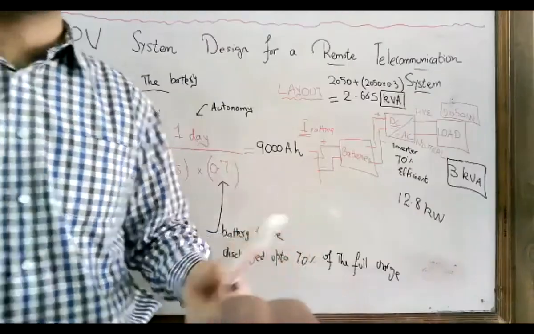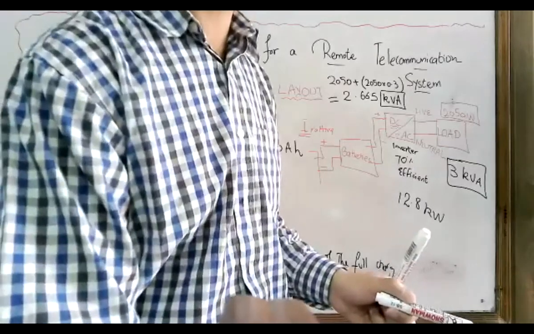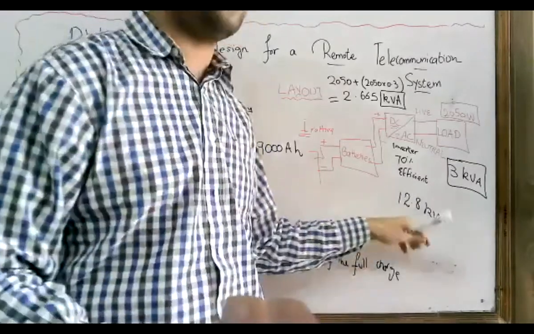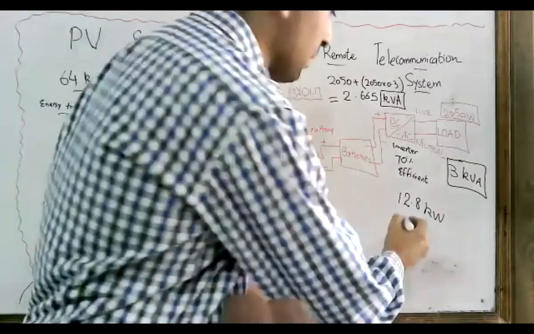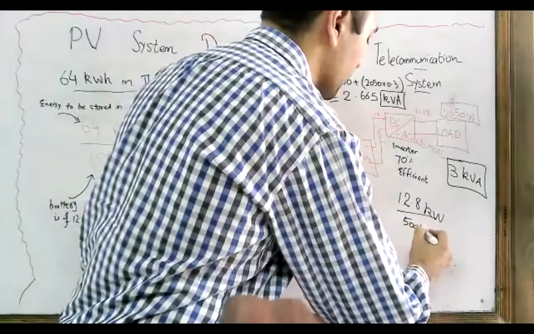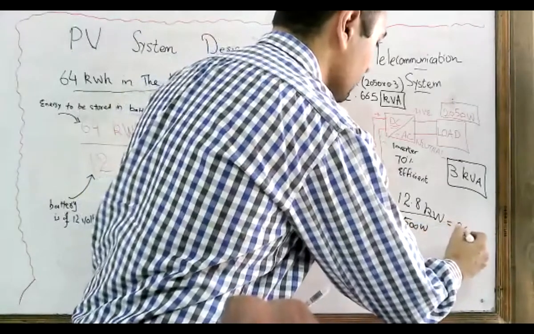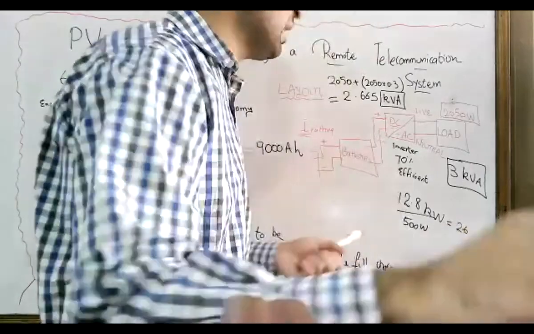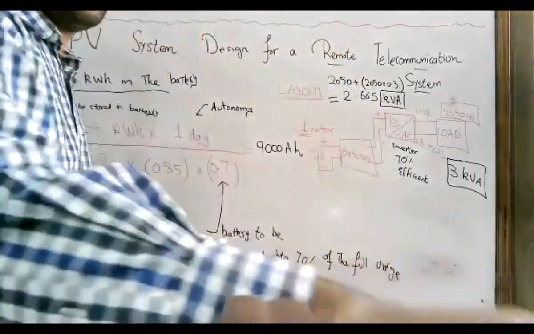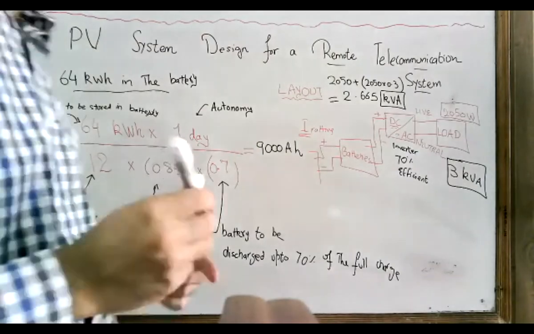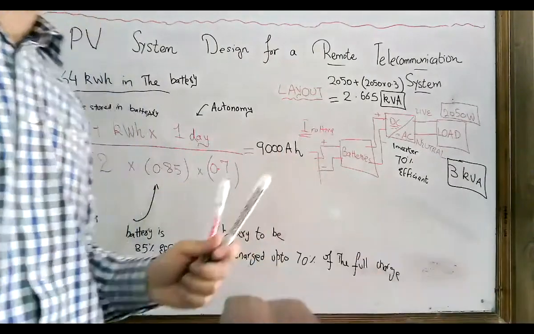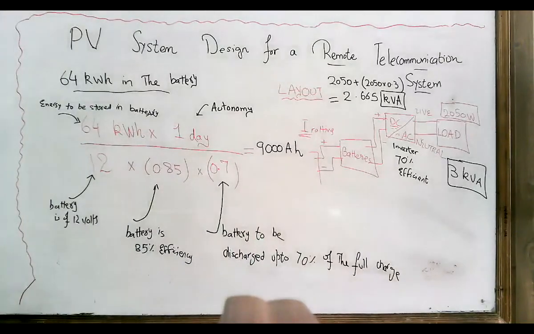We can have panels of around 500 watt at max. So we divided it by 500, and then we stated that we will be using 26 PV panels. Similarly, a huge battery of 9,000 ampere hours rated at 12 volt is not available in the market. So what are you going to do? There are many available options. So what is the first available option?